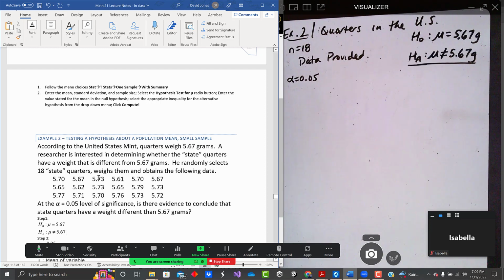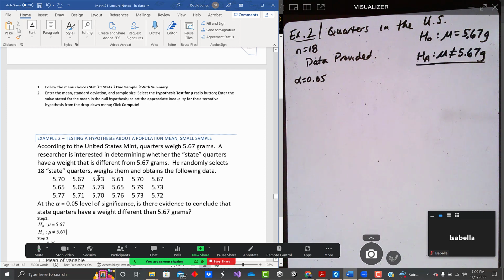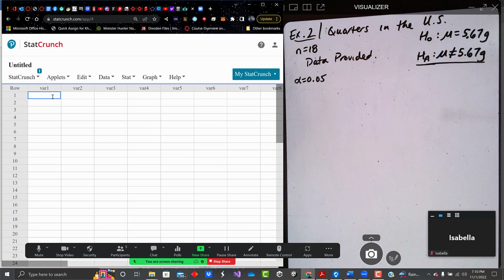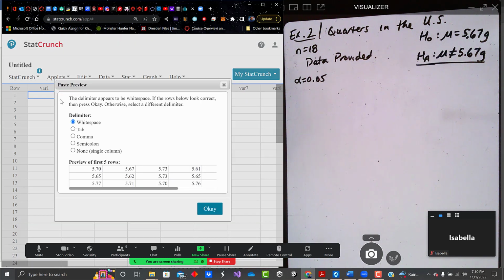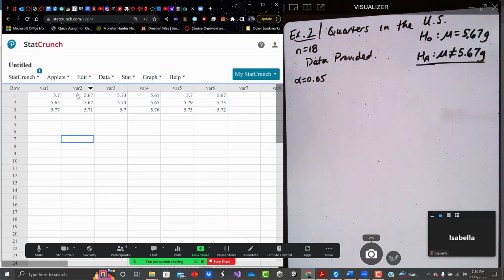And I'm going to try copying and pasting this. I don't know that it's going to work, but it's worth a try. I wonder if I can copy and paste like that.